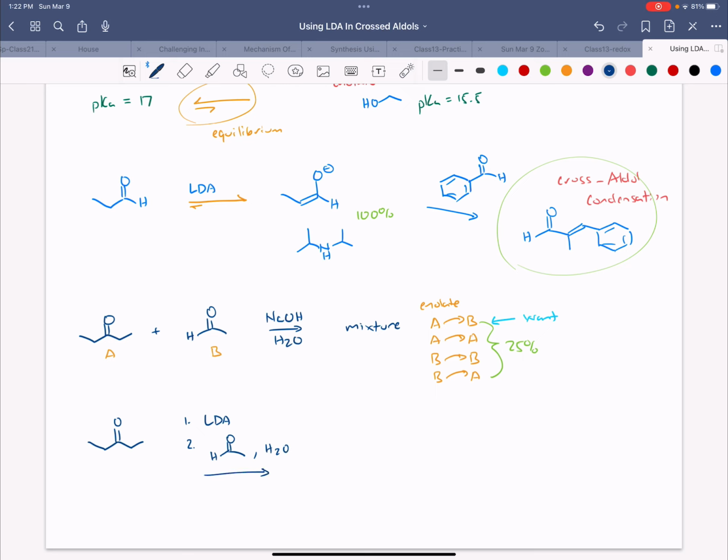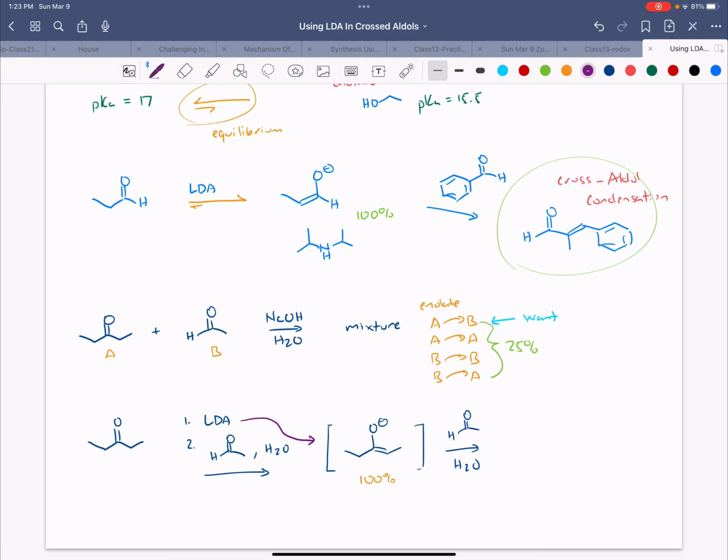So what's the beauty of this? The beauty of this is that you set up the enolate and get this 100%. And then you bring in your other molecule, right? This was the H to O. So just to be very, very clear, this first reaction, LDA, gives you this.